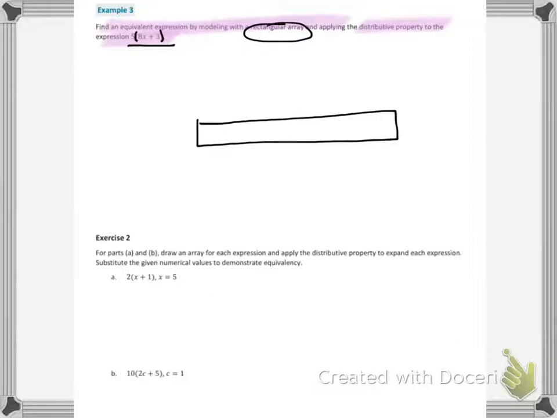So let's just say that this bar right here represents 8x. This represents the 3. So this is what is inside the parentheses right here. Now we know we have 5 of those because we have a 5 outside the parentheses. So that's our multiplier.